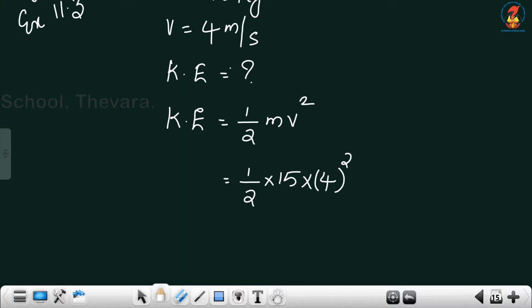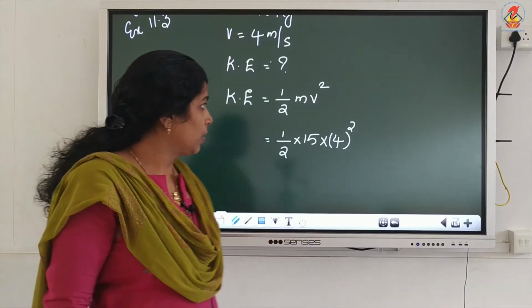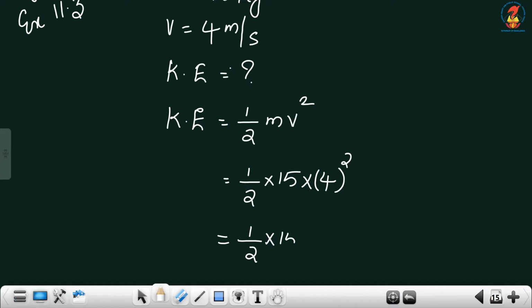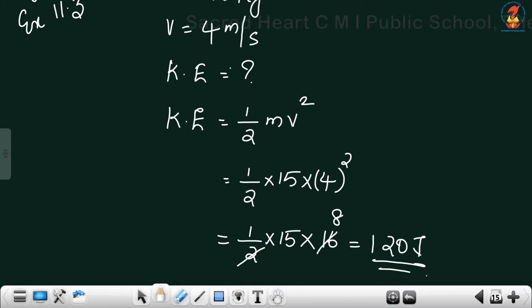So, 4 square, that is equal to half into 15 into 4 into 4, 16. So, we can cancel it like this. 8 into 15, you will get the answer 120 joule.